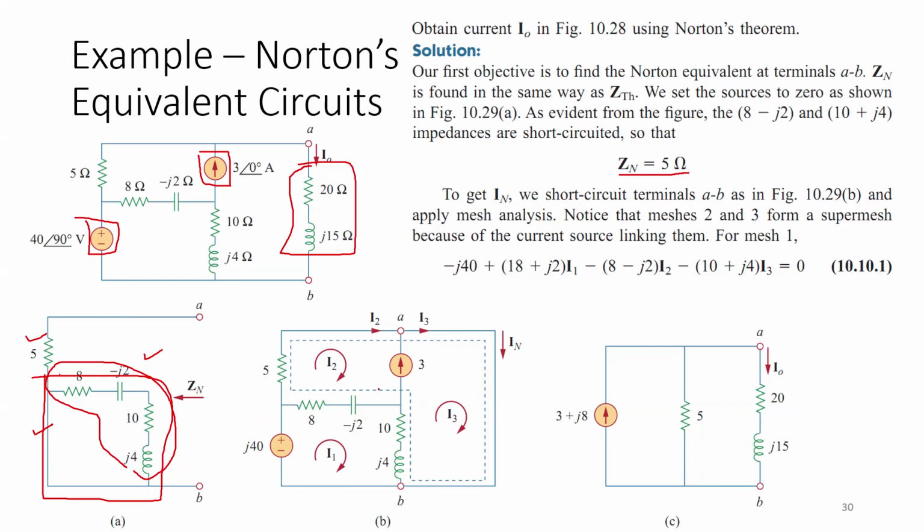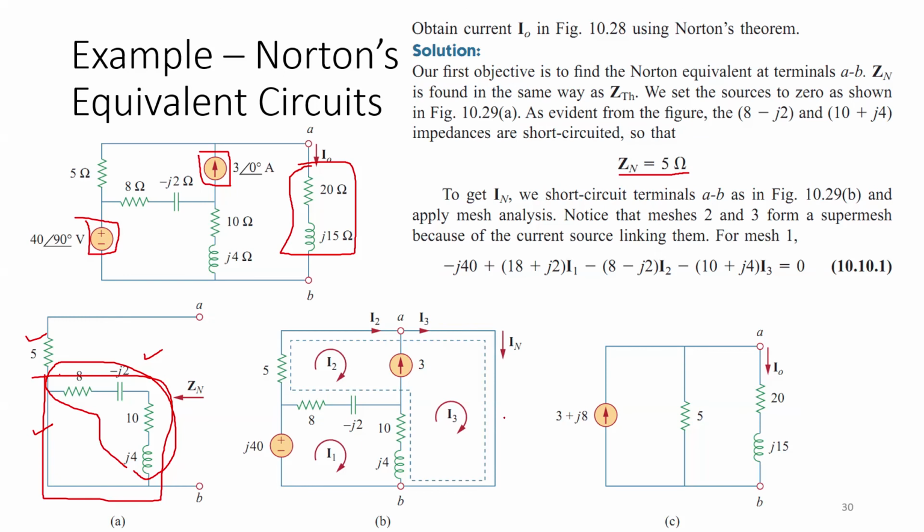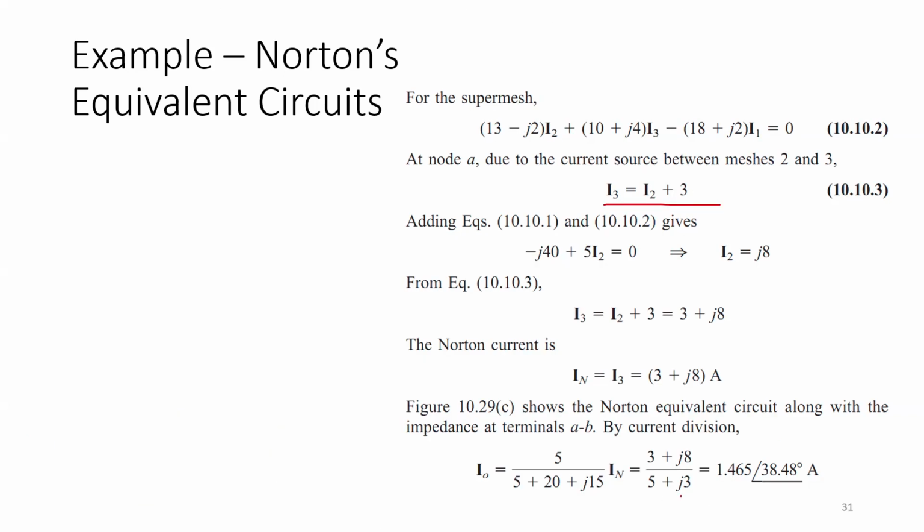For the supermesh, the equation would be I3 minus I2 equal to 3 ampere, like this one. By solving these equations, we can get the I naught and then alternatively the IN can be calculated. So this is our I naught value and IN value.